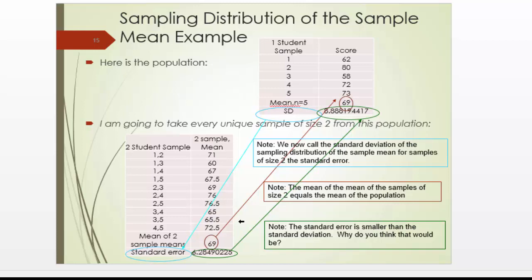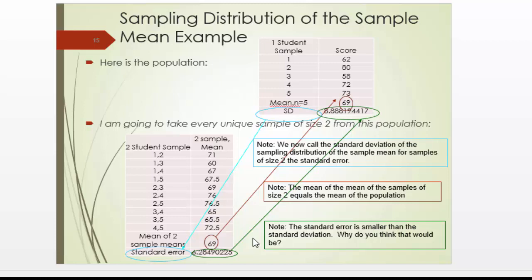But when I look at the standard deviation, it's not the same. I see the standard deviation here is 6.28, and this one is 8.89. They're different, and in fact, it's smaller. So we note that the standard error is smaller than the standard deviation. And you said, what, standard error? Well, that's what we call the standard deviation of a sampling distribution, the standard error.